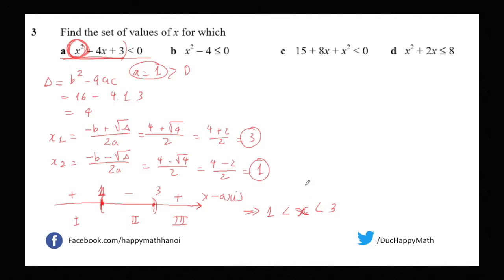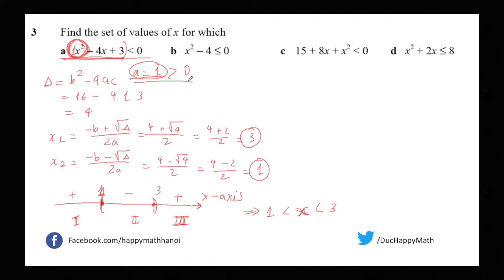The most important thing here is to identify the value of a. In this question, the value of a is the coefficient in ax squared, which means 1 x squared in this case, so a is positive. The sign of the outer parts will be the same as the sign of a.